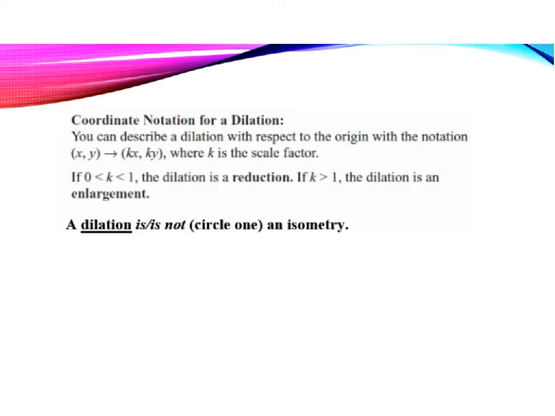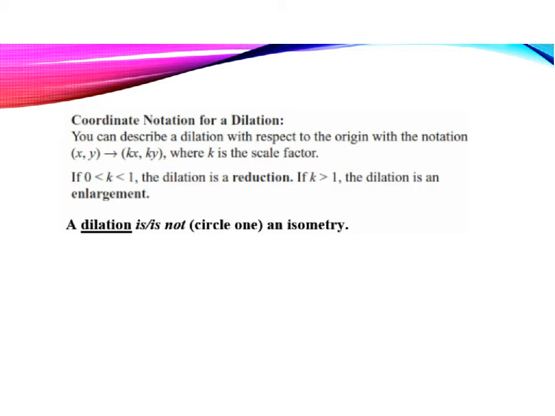Here is the coordinate notation for a dilation. You can describe a dilation with respect to the origin with the notation right here. So here's our rule: (x, y) becomes (kx, ky), where k is called the scale factor.